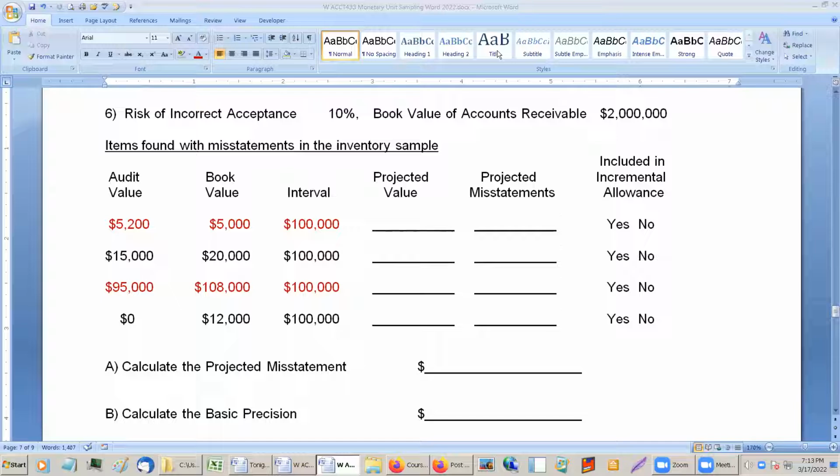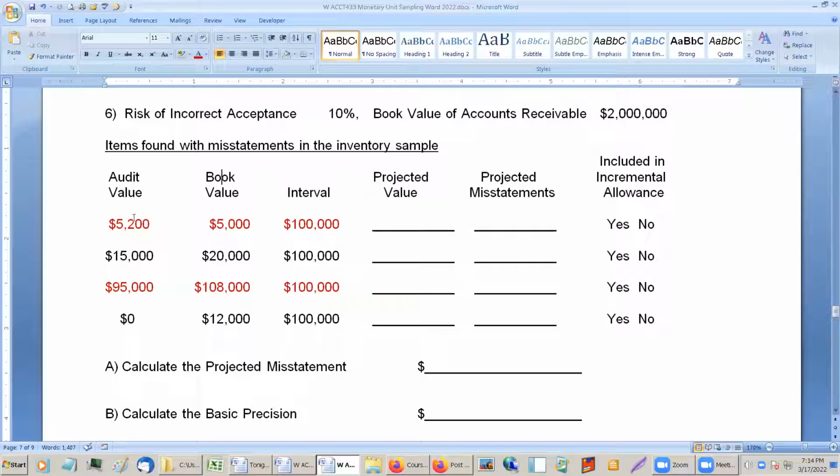I'll give you a hint. You don't even have to do any calculations. What's wrong with the first one?